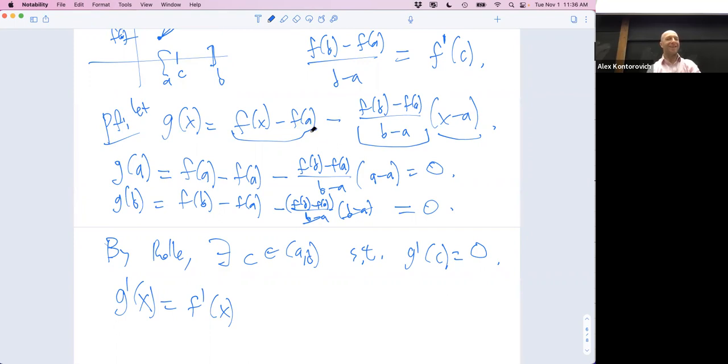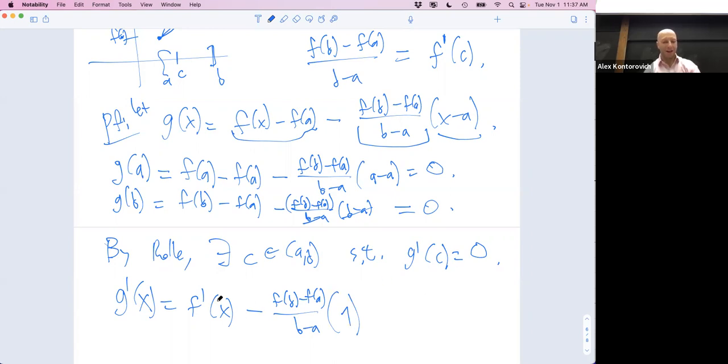What's a? a is a constant. a is not moving. So f of a is a constant also. So this is just 0, minus this constant f of b minus f of a over b minus a times, what's the derivative of x minus a? 1.